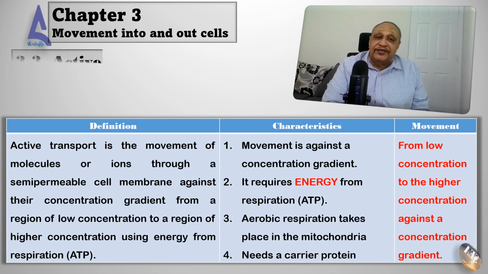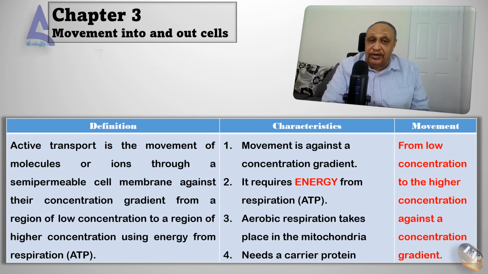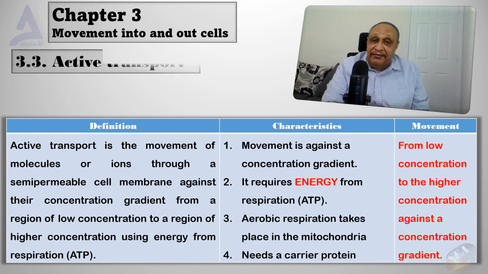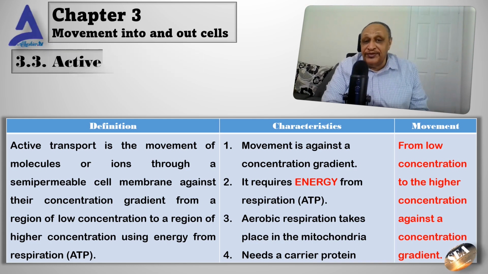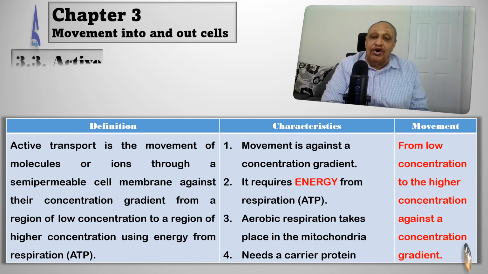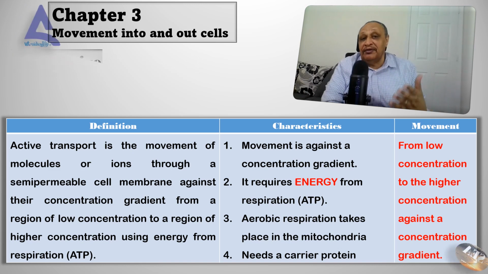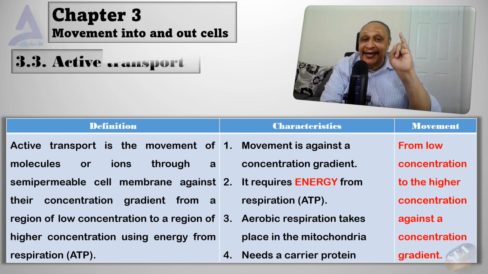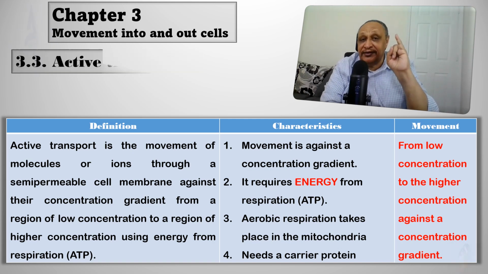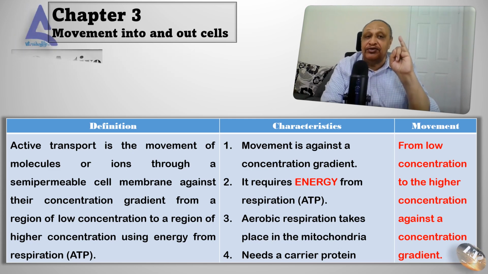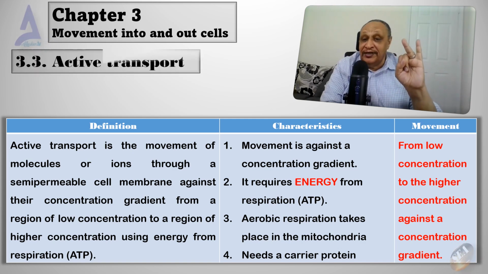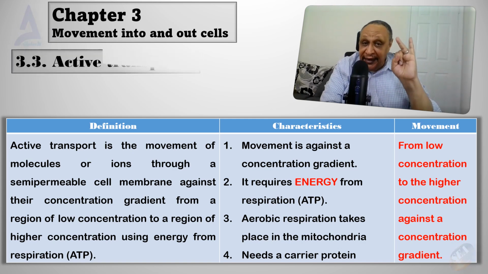So active transport is the movement of molecules or ions through a semi-permeable or partially permeable cell membrane against the concentration gradient, from a region of low concentration to a region of higher concentration. Second, using energy from respiration, which is ATP.